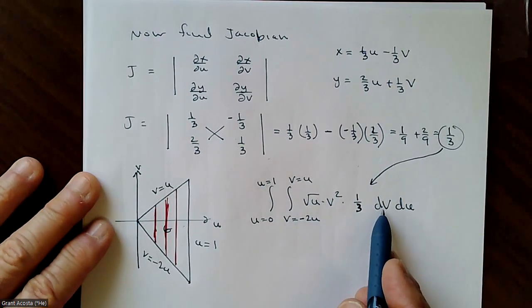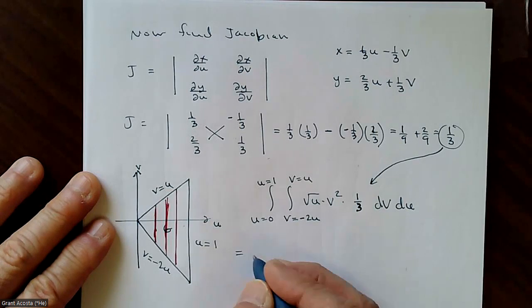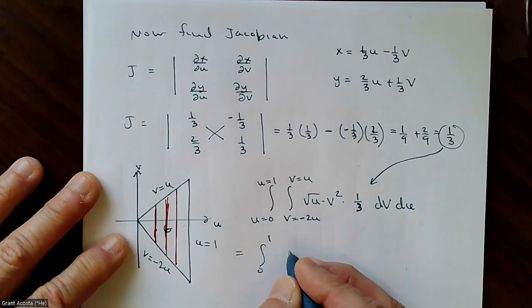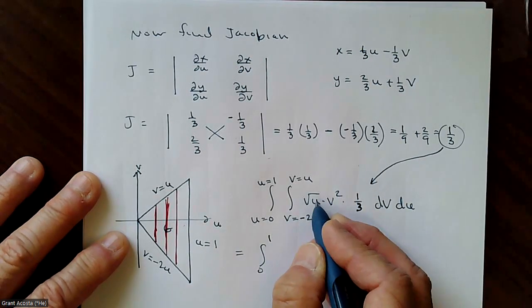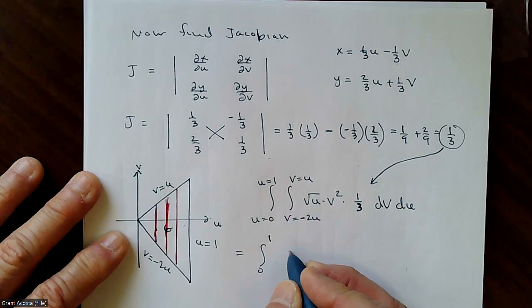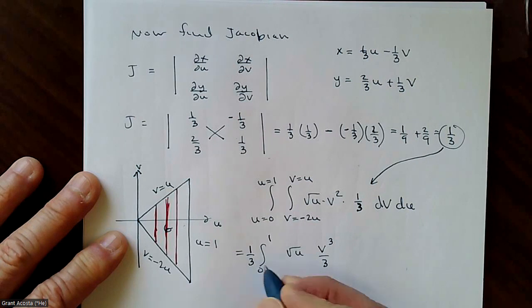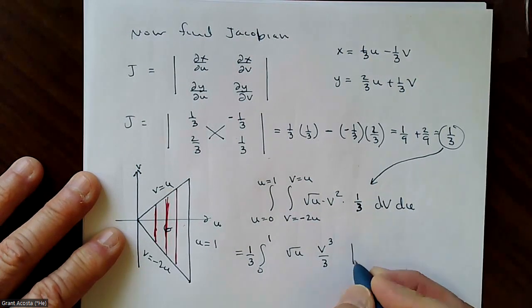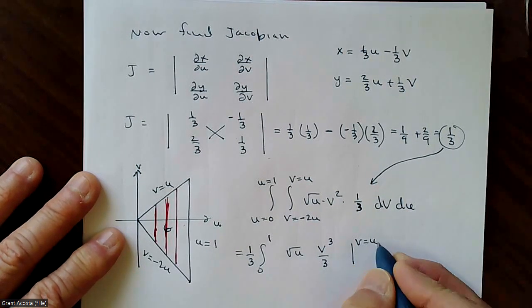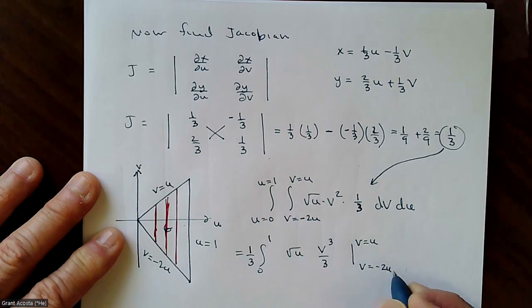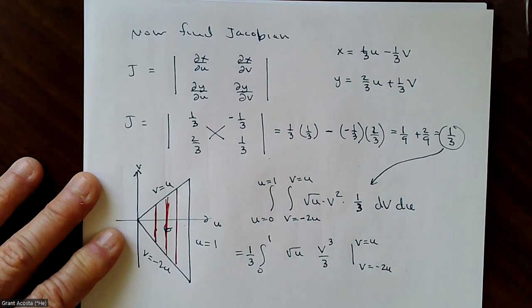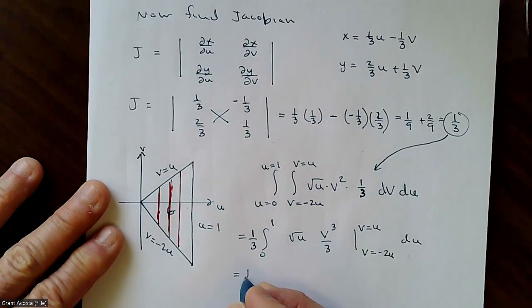So I'm going to integrate with respect to v first. This will stay 0 to 1. u stays constant, so I'm going to have root u times v cubed over 3. Let's go ahead and pull the 1/3 out because that is a constant. Evaluated from v equals u to v equals -2u. And I'll integrate my result with respect to u.